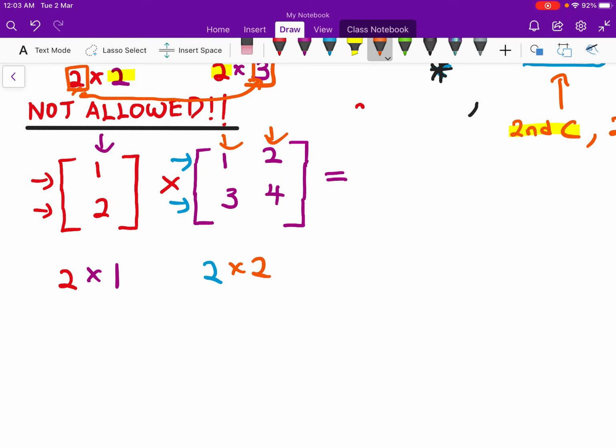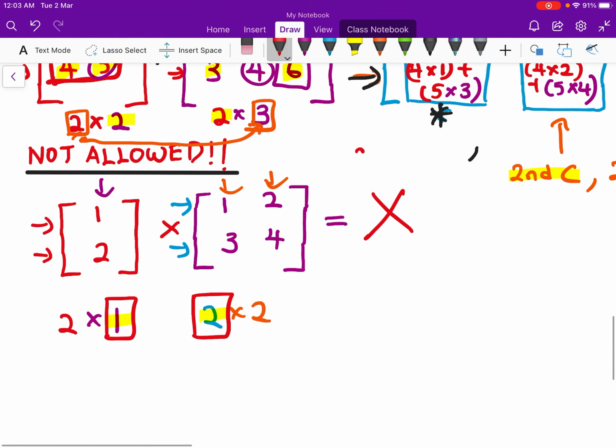You can see we can't multiply these because this number 1 and this number 2 are not the same. So we can't do anything. Very important: in order to multiply, this number must be equal to this number. That's it for this matrix summary video.